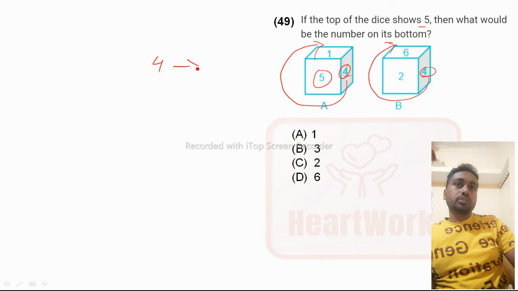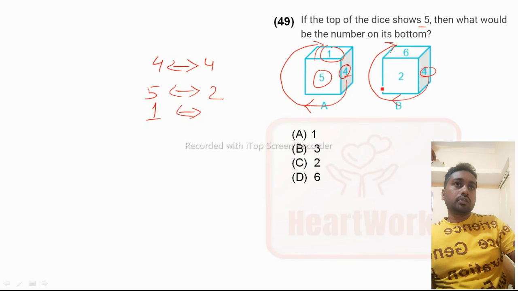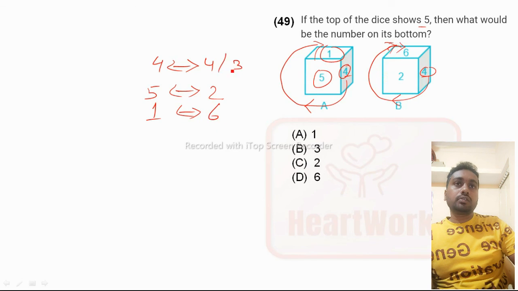So 4 opposite is 4, then 5 came here, after 4 here 2, so 5 opposite is what? 2, then 1, so here 1 and this 1, this 6, so 1 opposite is 6, and here is 3. So whatever question they ask, opposite of 4 is 3, opposite of 5 is 2, opposite of 1 is 6. In this question it is asking the opposite of 5, so opposite of 5 is 2. Option C is the right answer.